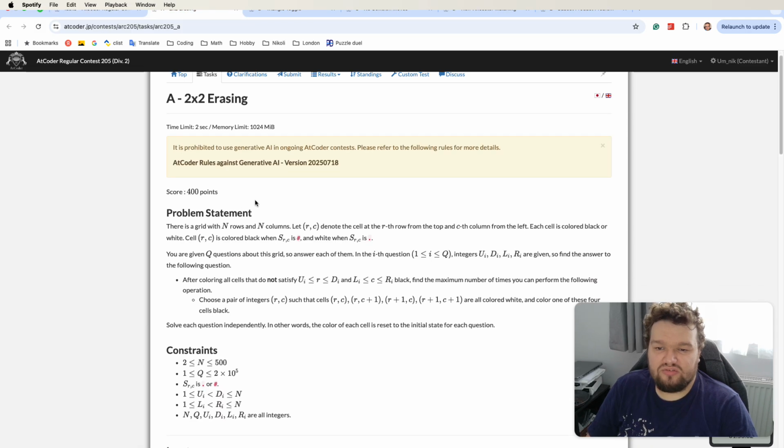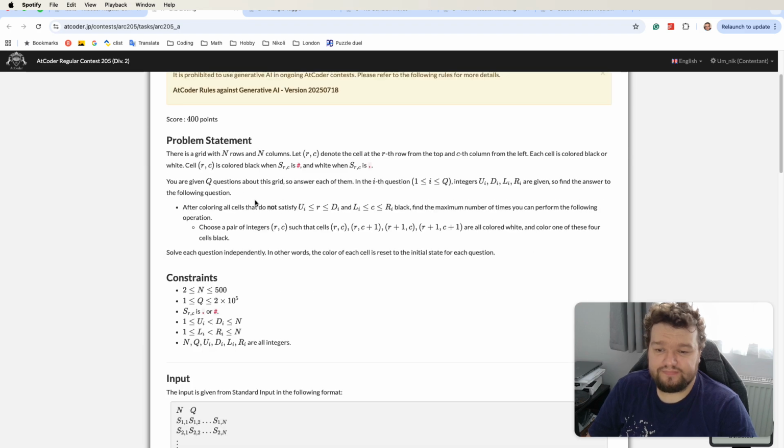Problem A, 2x2 erasing. There is a grid with n rows and n columns, so it's square. Let (R, C) denote the cell with these coordinates. Each cell is colored black or white. It's black if it's what is that symbol?